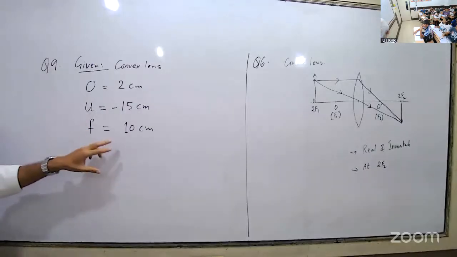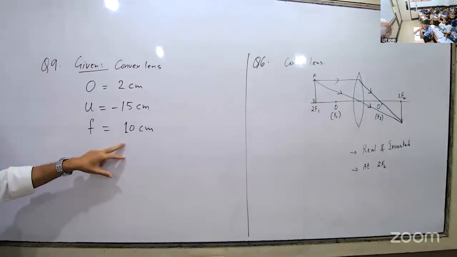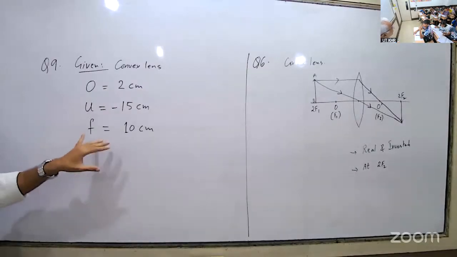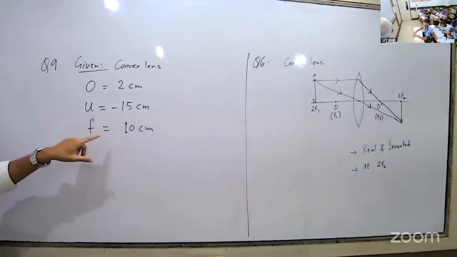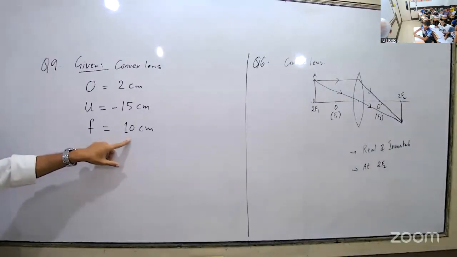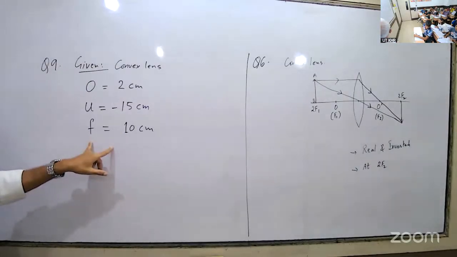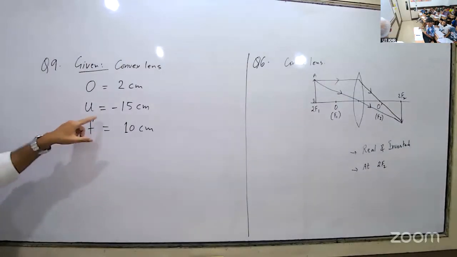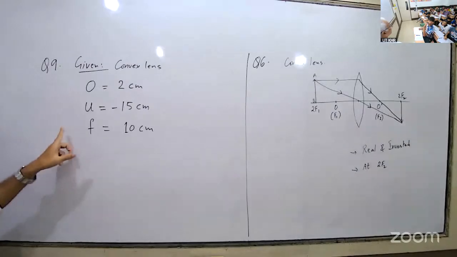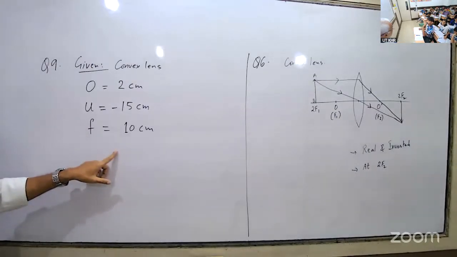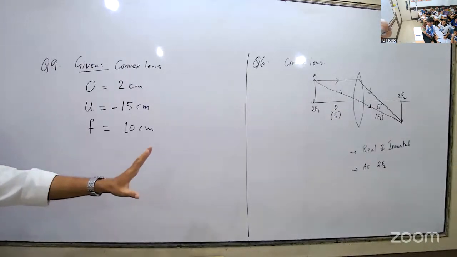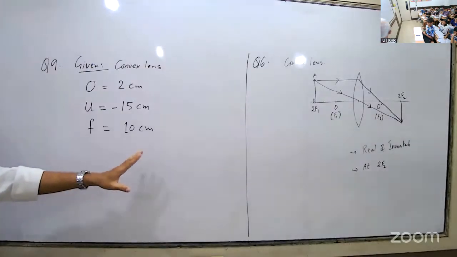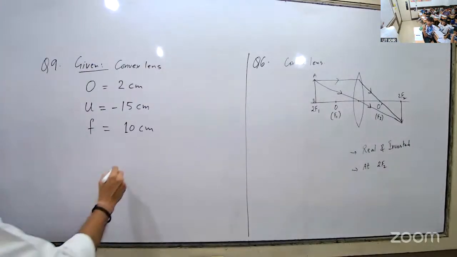Object is kept between 2F1 and F1, because F is 10. That means F1 is 10, so 2F1 will be 20. So the object is in between 2F and F. Okay, so the image will be magnified. So draw its sketch.